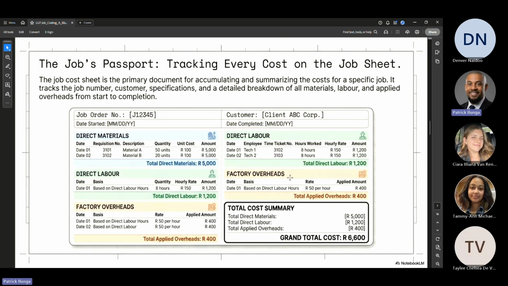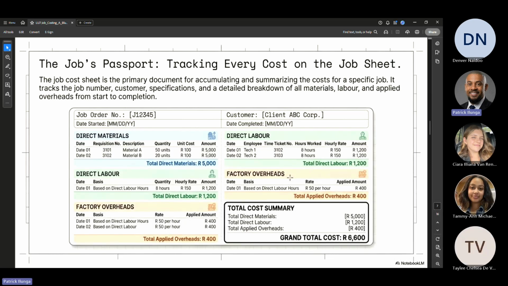So the job cost sheet is the primary document for accumulating and summarizing the cost for a specific job.